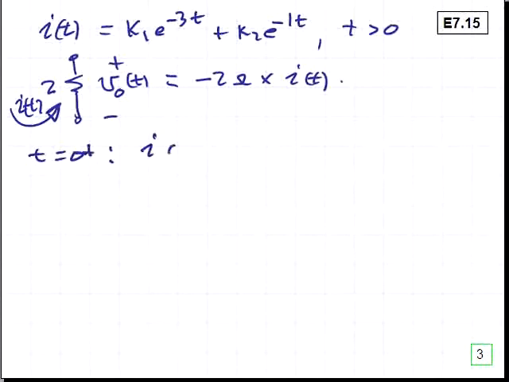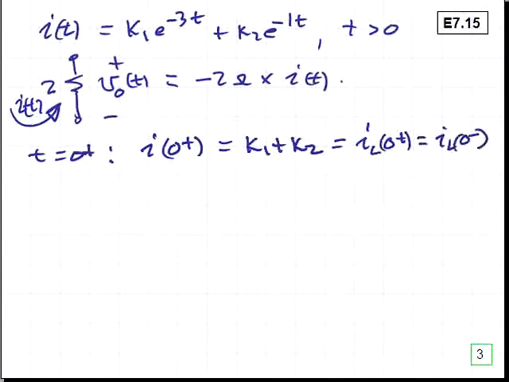Our I at 0 plus from our assumed solution form will equal K1 plus K2. And we determine that that is the same as IL at 0 plus, which is equal to IL at 0 minus, so K1 plus K2 is equal to 2 amperes.